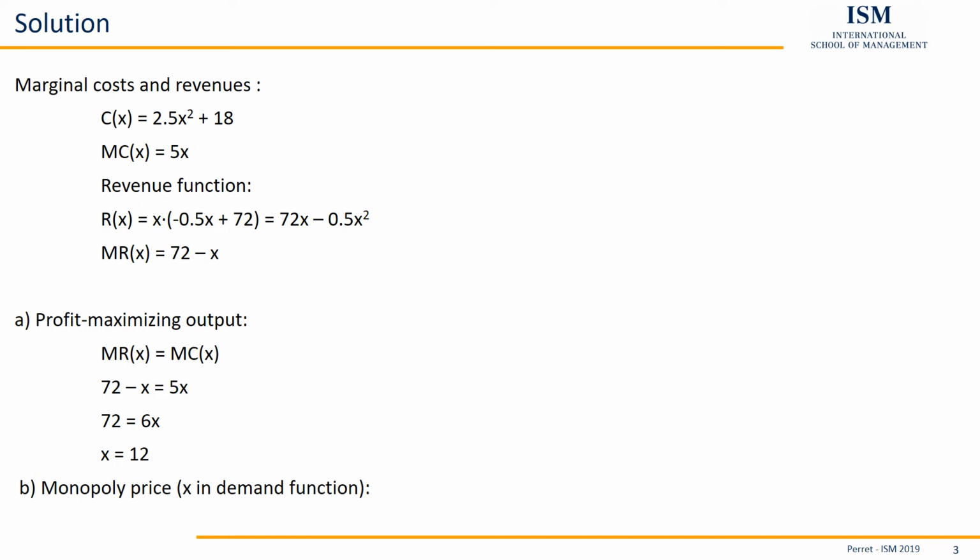And then he takes a look at what's the maximum price he can charge the consumers, and that's what we get from the demand function. So we take the demand function, 72 minus 1/2 x, and insert the quantity 12, so we have 72 minus 6. This gives a monopoly price of 66.